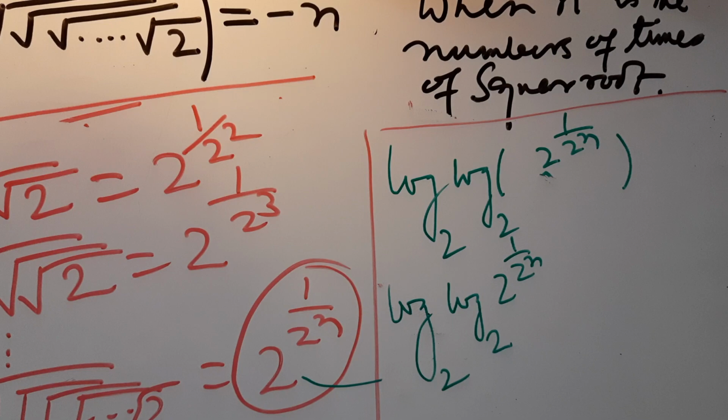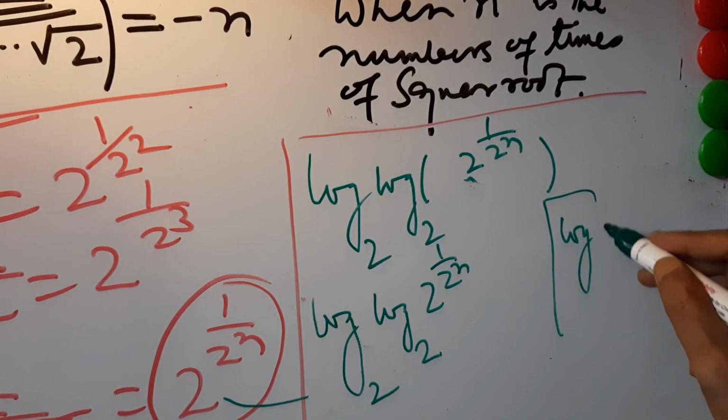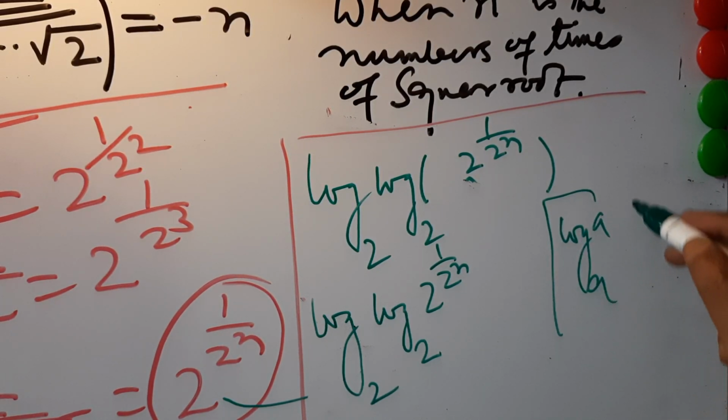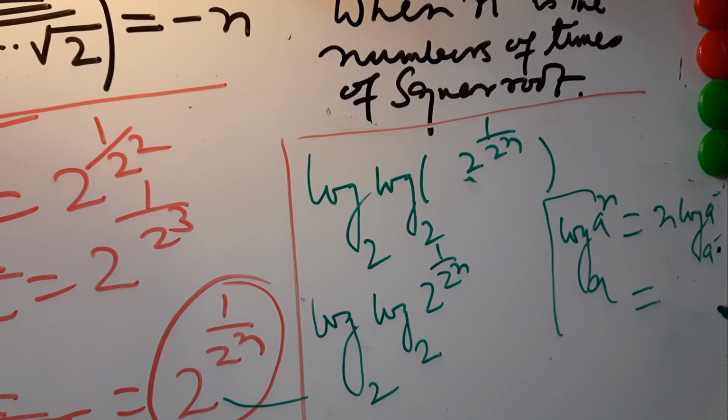Applying the formula log a to the power n base a equals n log a base a, and we know that log a base a equals 1 if a is not equal to 1, so that is equal to 1 by 2 to the power n.